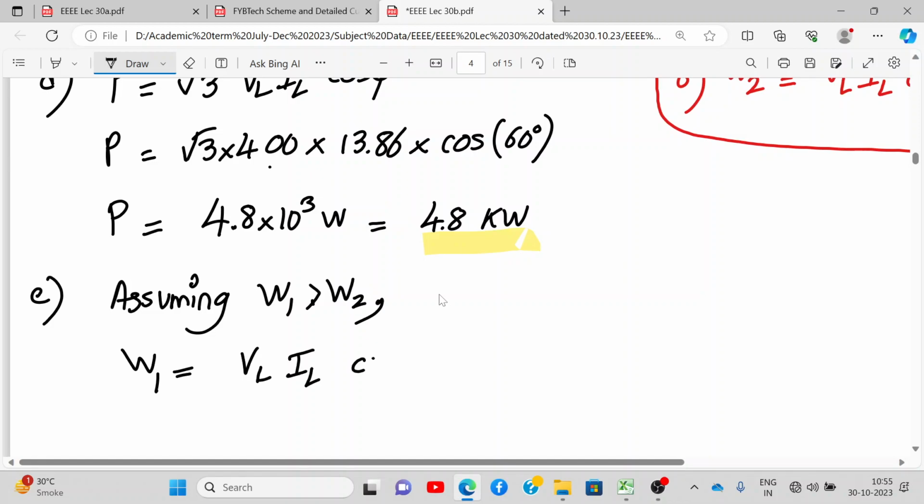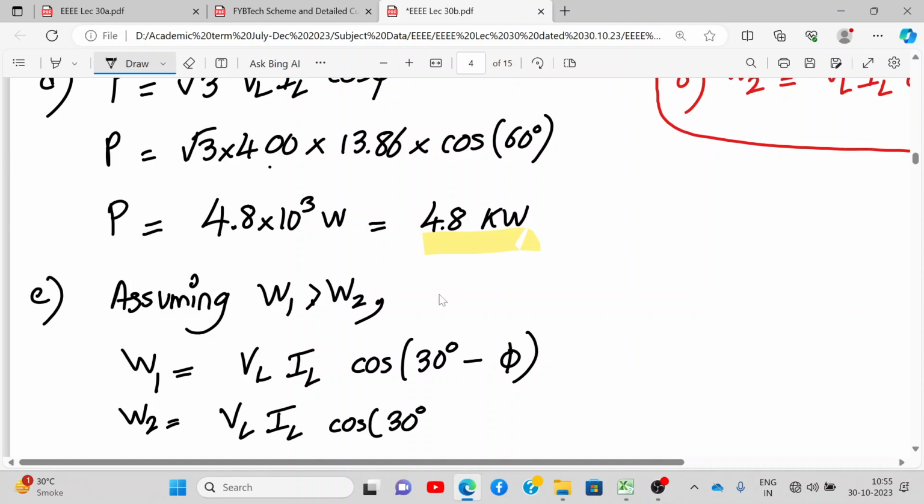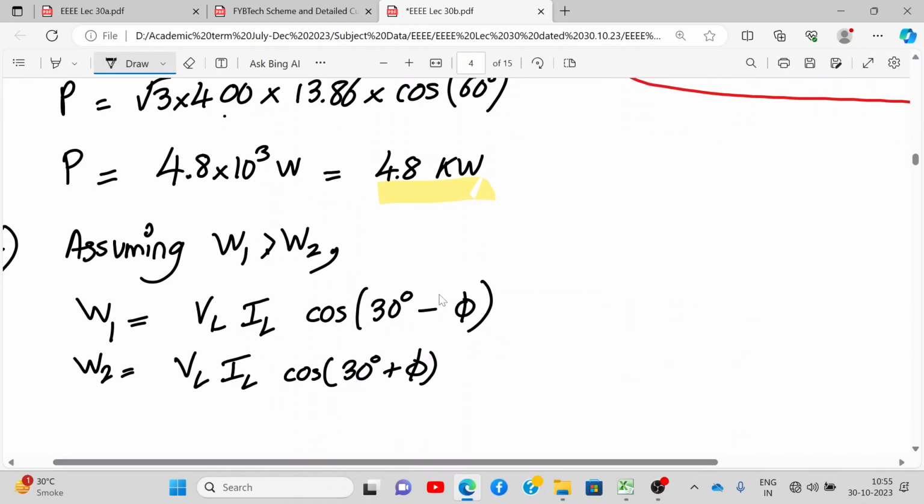W1 is VL IL cos of 30 minus phi, W2 is VL IL cos of 30 plus phi. So please calculate. Phi is how much?